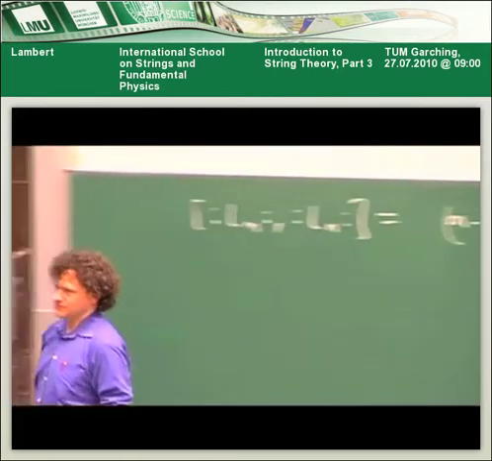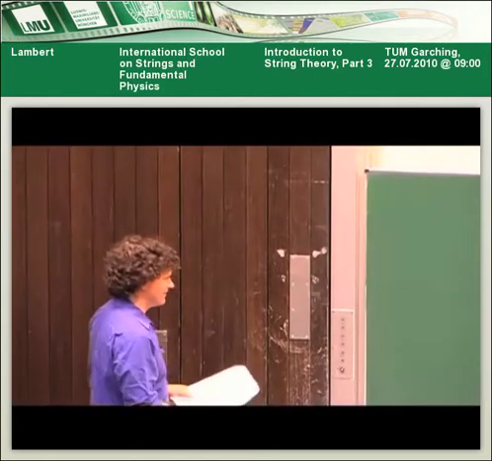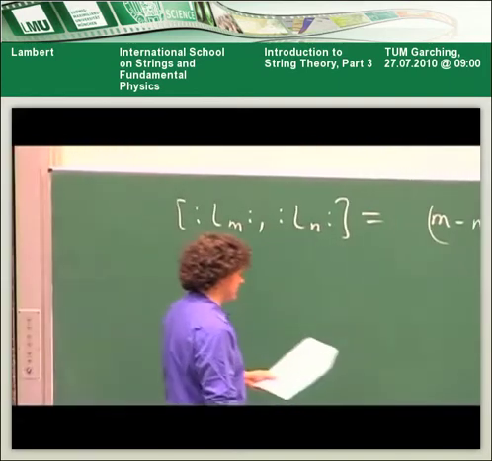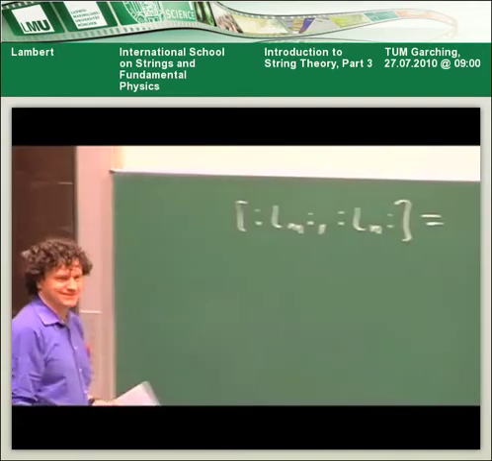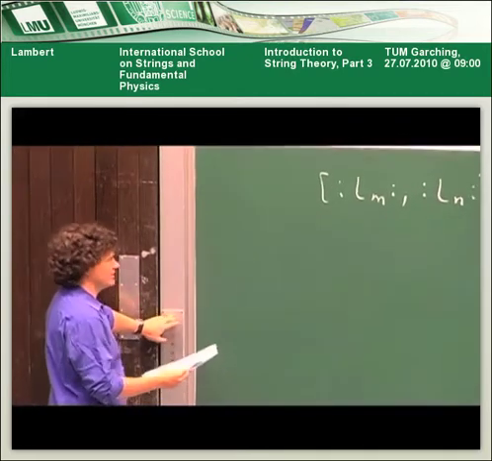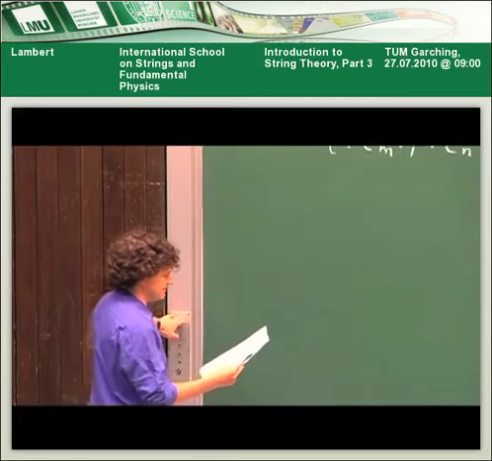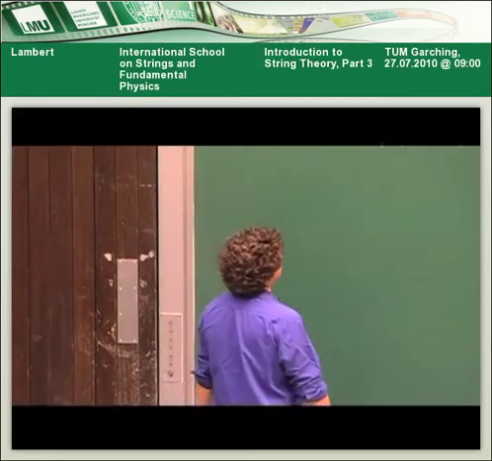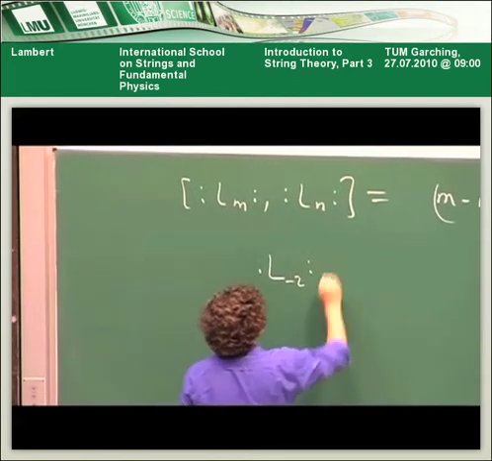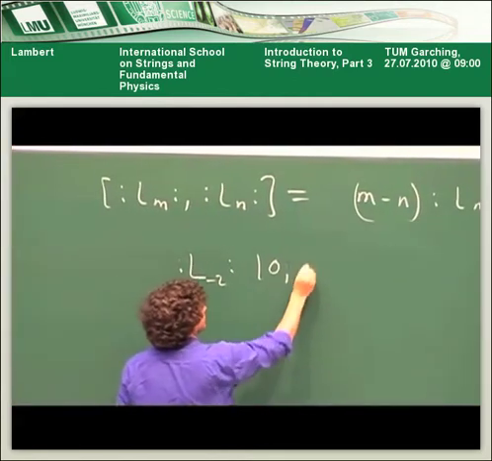Okay, so now we're down to computing this one other constant, C1. And again, we're going to do a trick. The trick is just to evaluate it on a particular state. And the state is L minus 2 acting on the vacuum, the vacuum with 0 momentum.